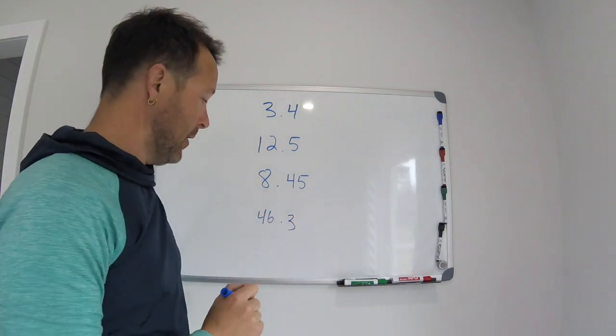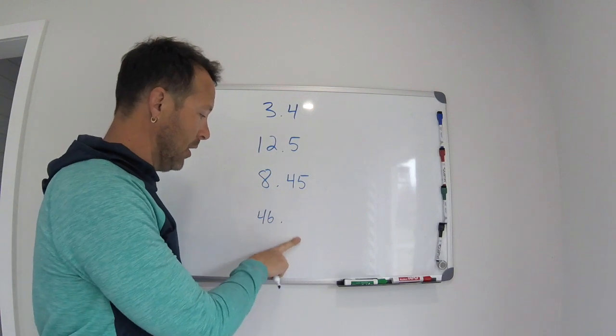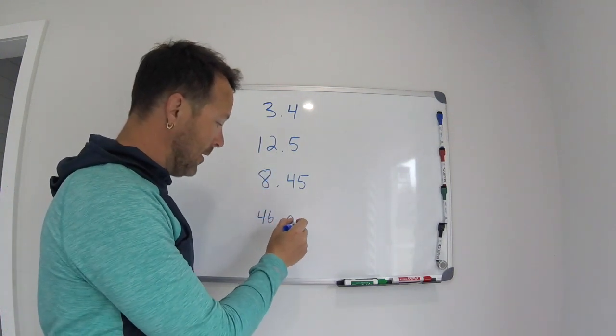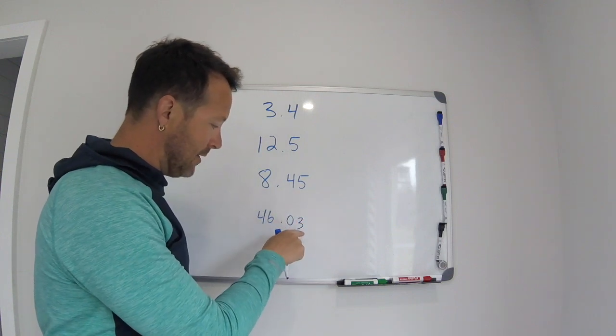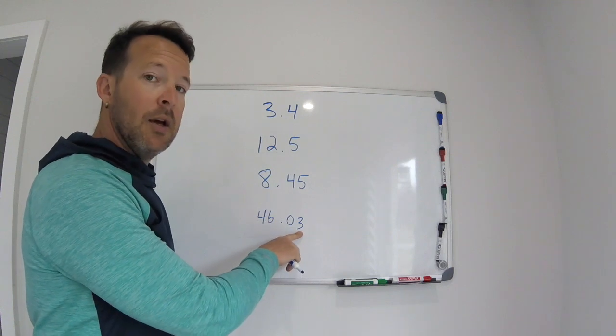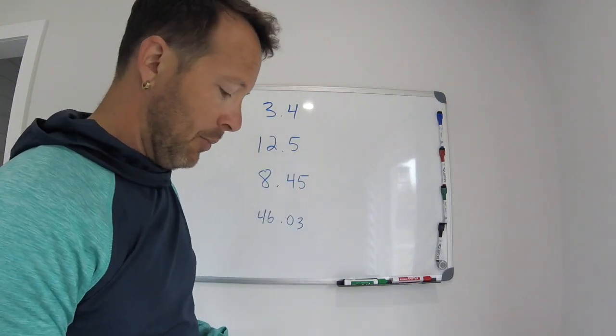That would be incorrect. That would be 46 and 3/10. But we are talking about 100ths, so there has to be two digits. That's tenths, that's 100ths. So 46 and 3/100ths.